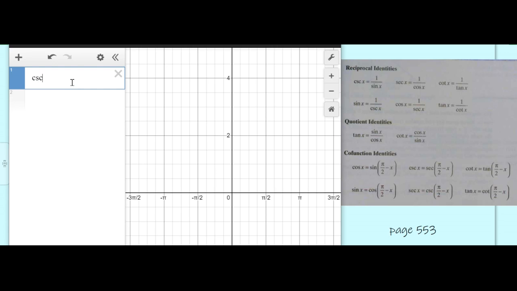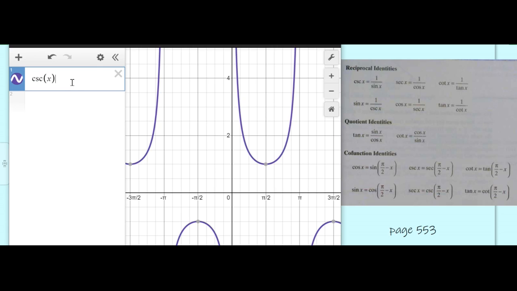So if we graph cosecant of x, we get those up u's and down u's. What happens if I ask Desmos to graph 1 over sine of x? In black, it has now graphed the same function. They are the same. So what I'm trying to do with graphing them is give you a visual, so you don't just push the I believe button that cosecant and 1 over sine of x are the same, that they're equal, but you can see it happen.